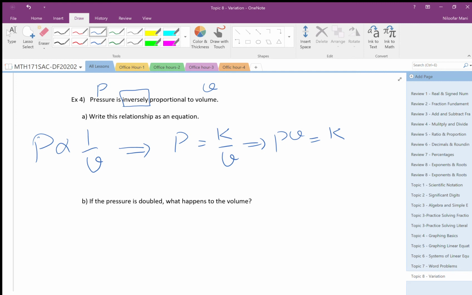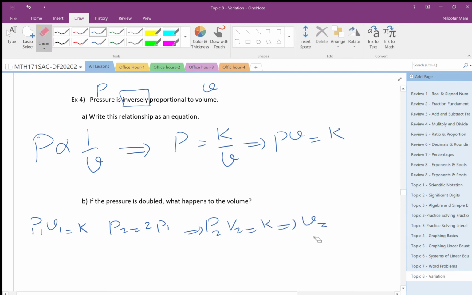P1 V1 is K. Pressure doubles, so P2 is 2P1. I want to see what happens to V2. P2 V2 is K. Therefore, V2 is, because I'm looking for V2 in terms of V1, K over P2, which is K over 2P1.